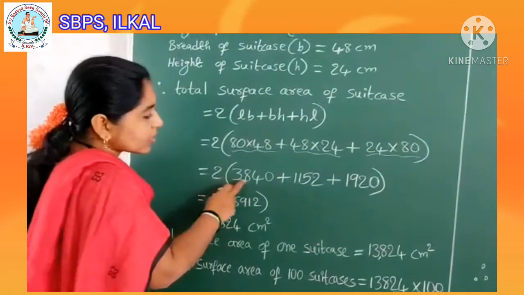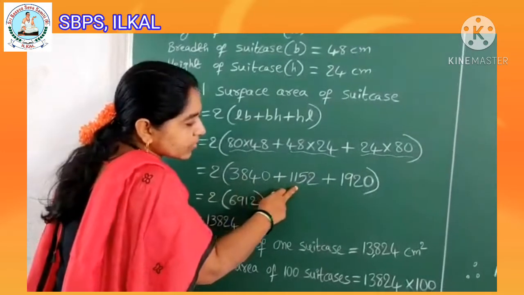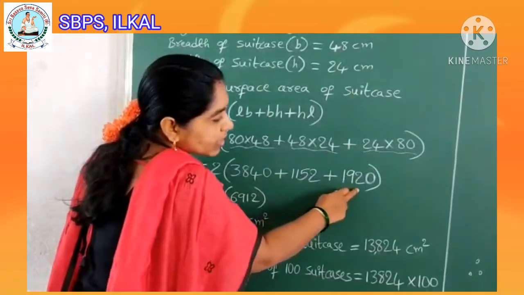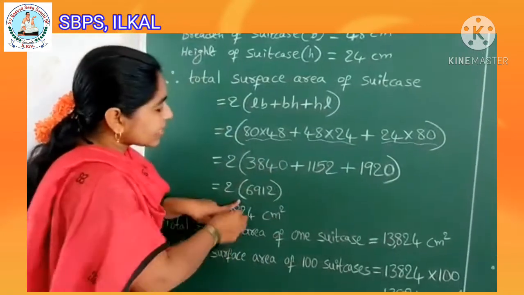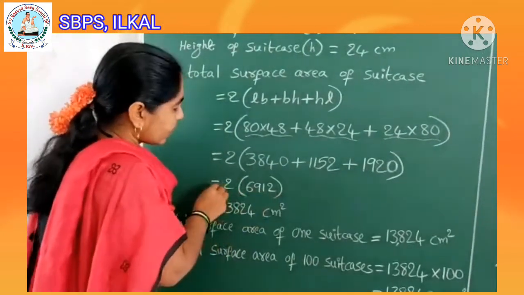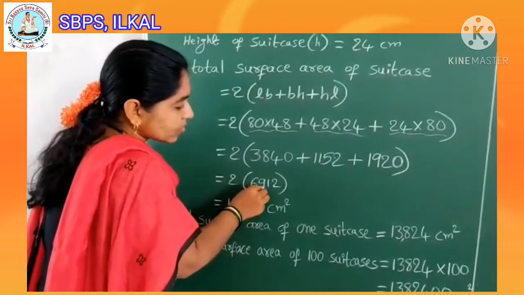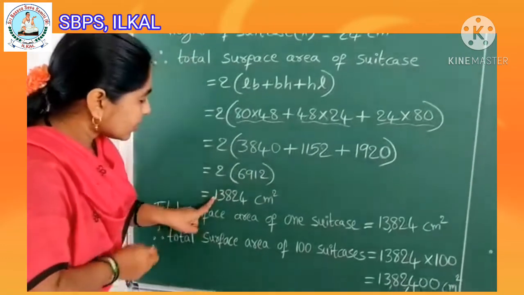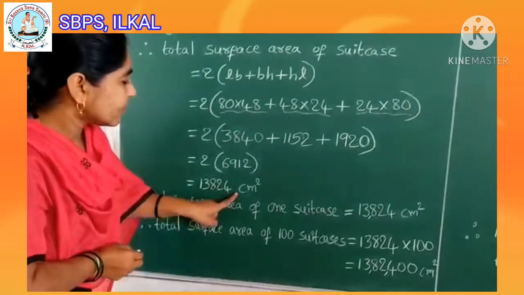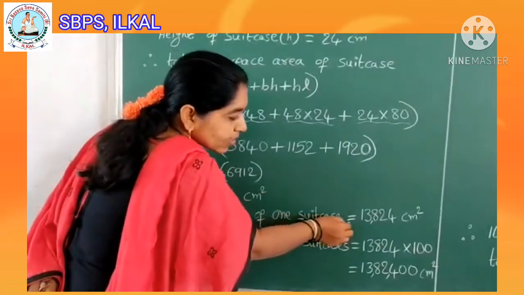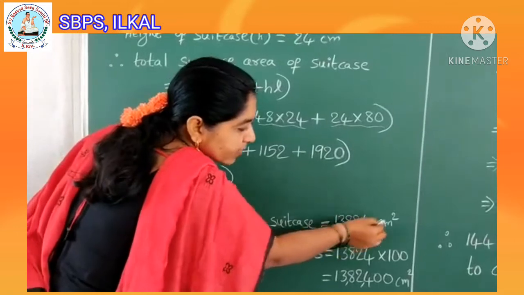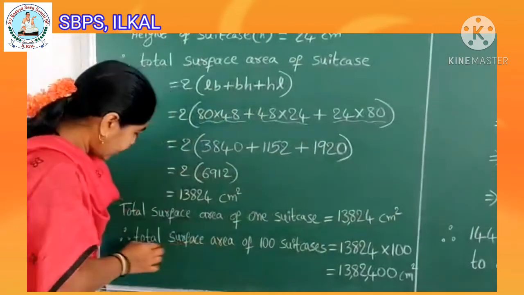We will get 3,840 plus 1,152 plus 1,920. When we add all these terms, we will get 6,912, which is equal to 2 into 6,912, which gives 13,824 square centimeter. Total surface area of one suitcase is equal to 13,824 square centimeter we got.